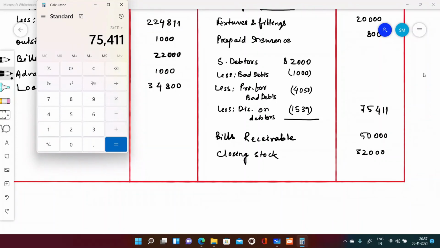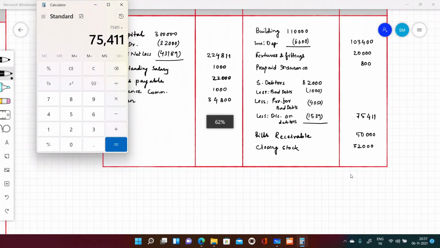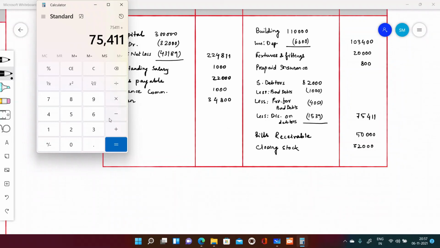So with this, okay, 75411 plus 1,03,400, plus 20,000 plus 800 plus 50,000 plus 32,000.